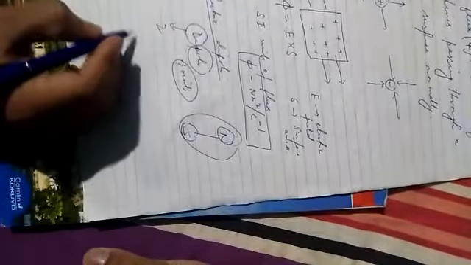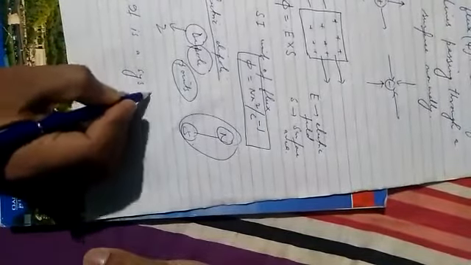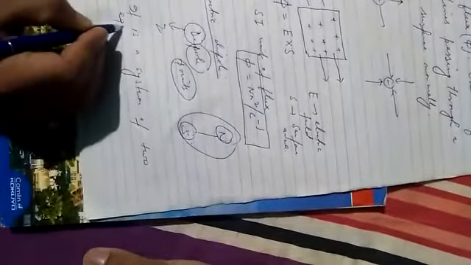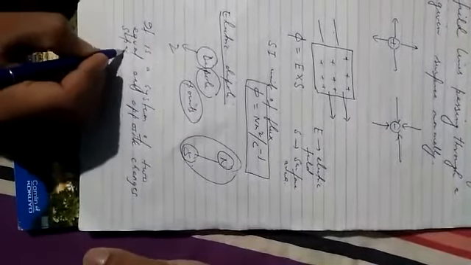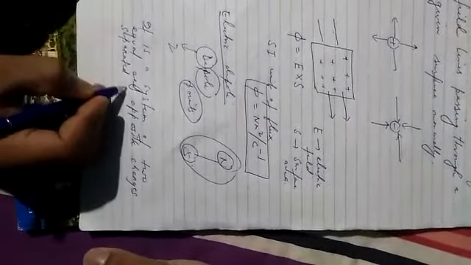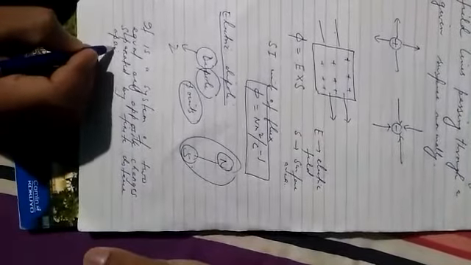Dipole is basically a system of two equal and opposite charges. It is a system of two equal and opposite charges separated by a finite distance apart.